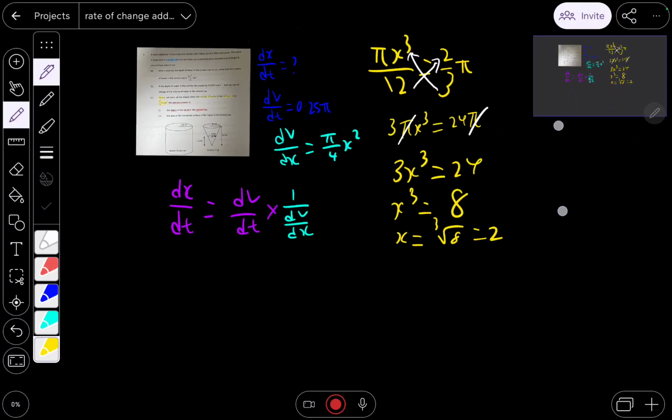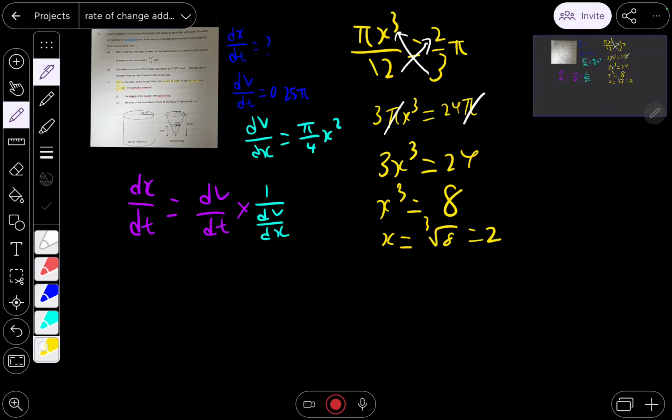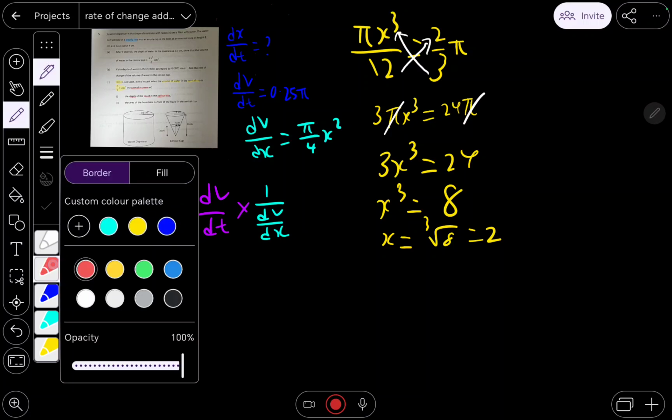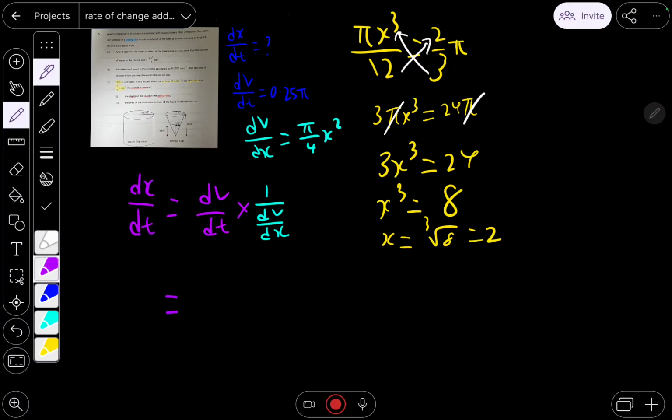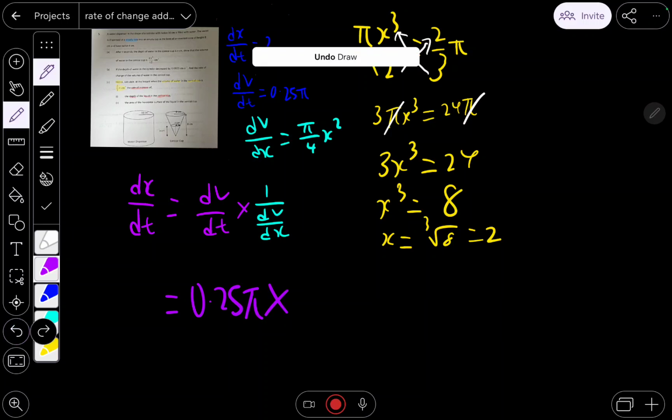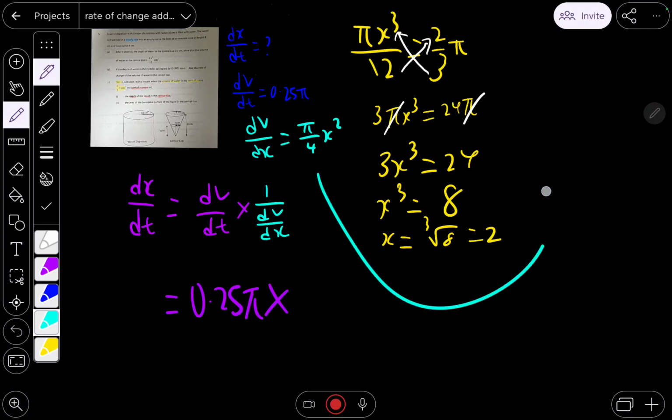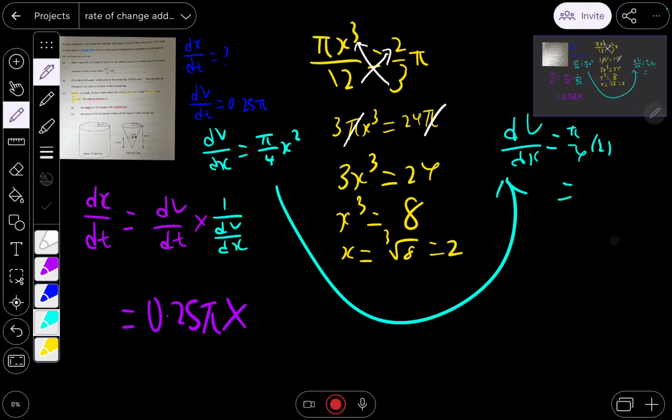Okay, so let's start to do the question. dV/dt is 0.25 pi times 1 over dV/dx. Before that, I will find the value of dV/dx, which is pi over 4 times 2 squared. 2 squared is 4, 4 pi over 4 is just pi.